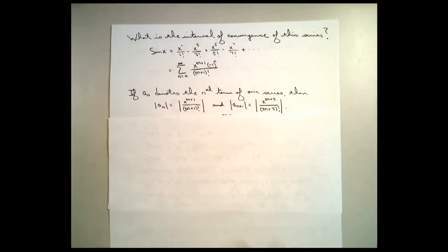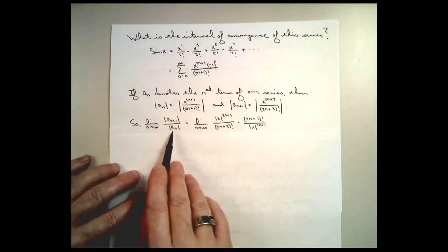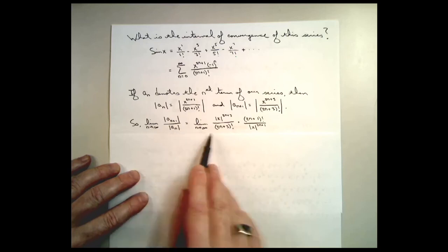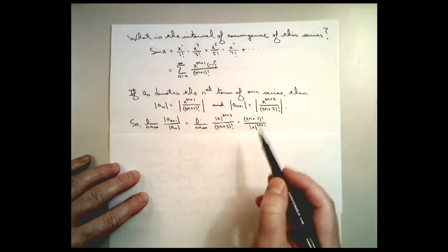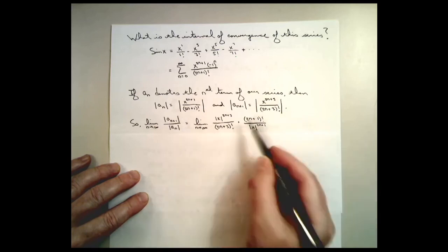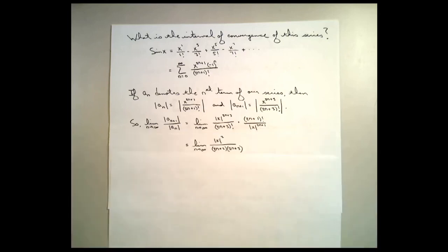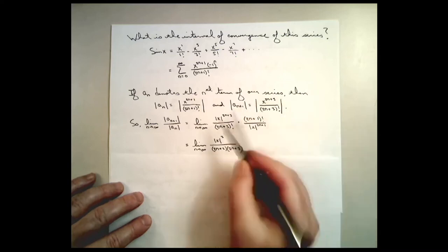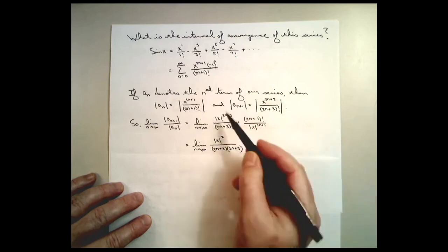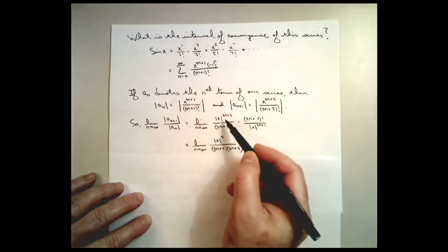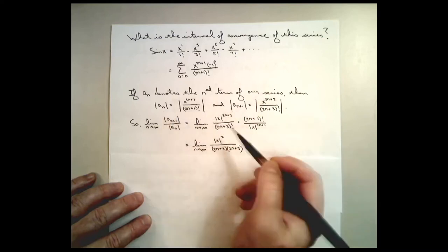The ratio test tells us that we need to look at the limit of the ratios of those. Whenever I do, this is the n plus first term, and I'm going to divide by the absolute value of the nth term. That's the same as multiplying by the reciprocal. So that's what I've done here. Do a little bit of algebraic simplification. So, absolute value of x. And notice that the only thing that's going to affect the sign of a sub n is the value of x.